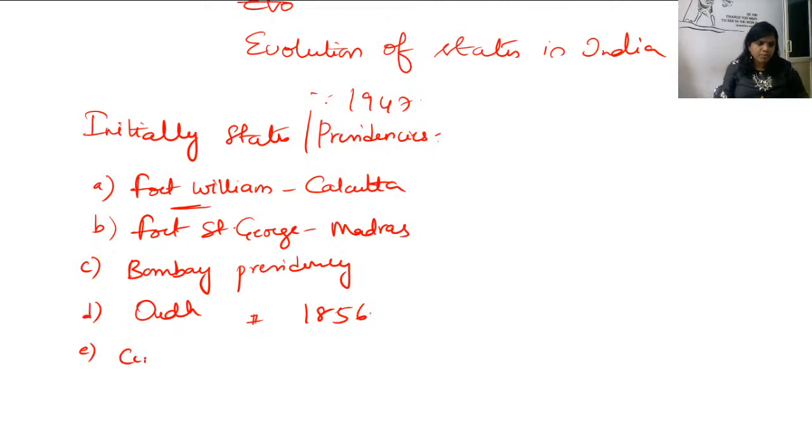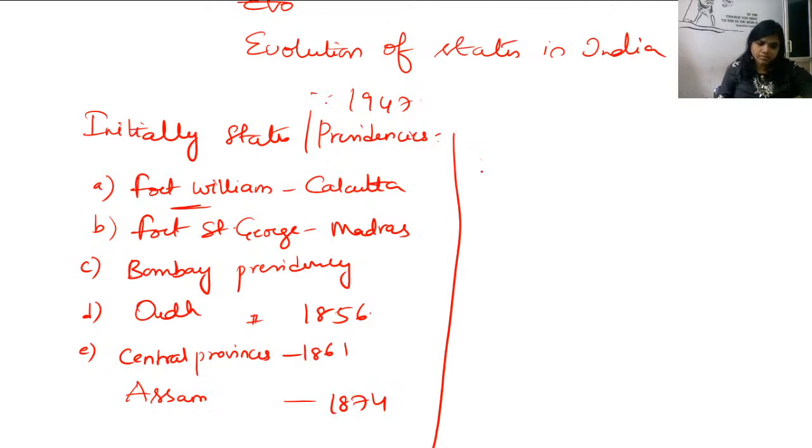You have the Central Provinces in 1861, which were later carved into Madhya Pradesh and others. Next you have Assam in the year 1874.